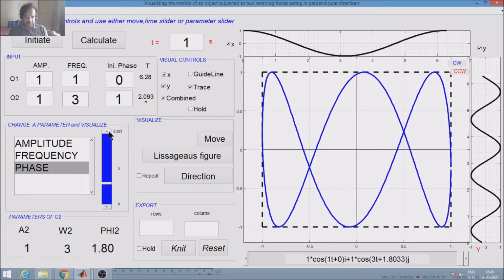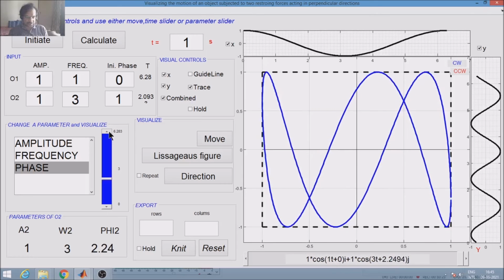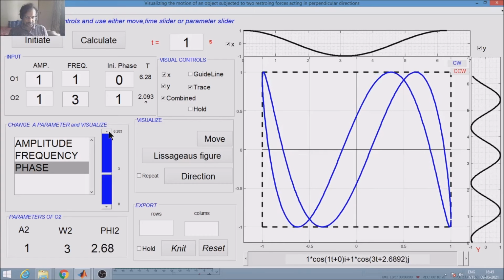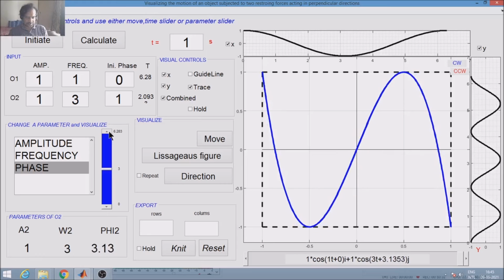And again from pi by 2 to pi, it goes to reverse of phase difference 0. The change in the direction.